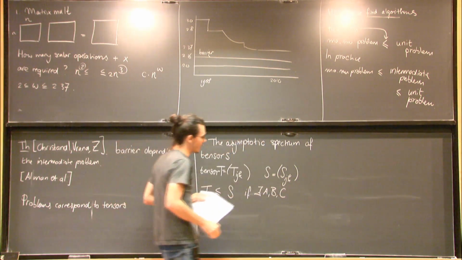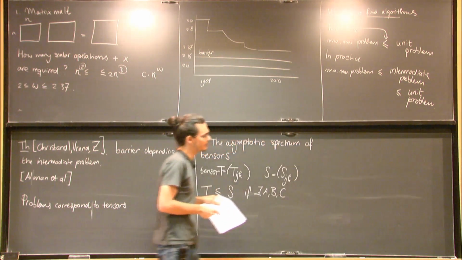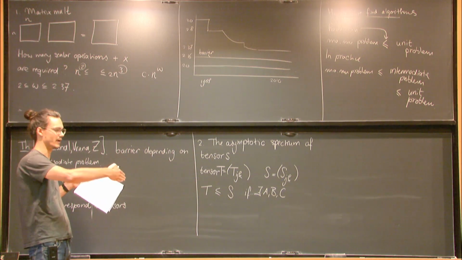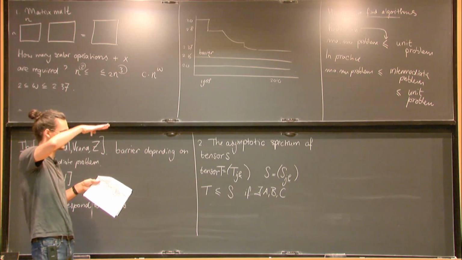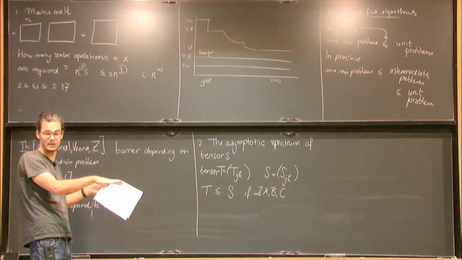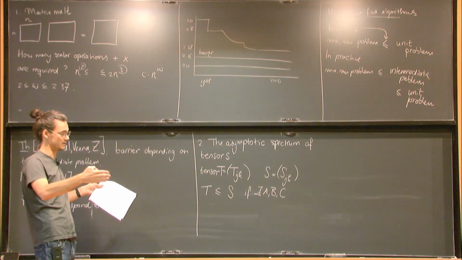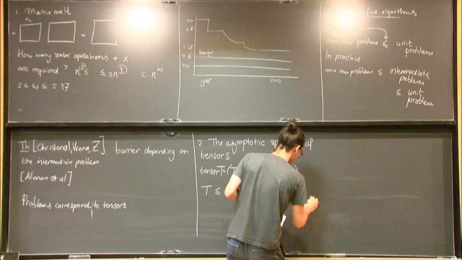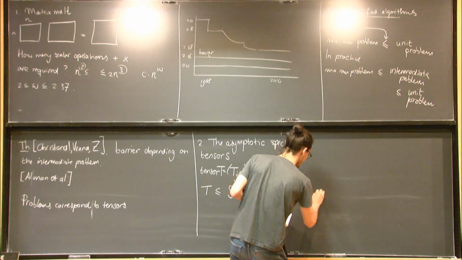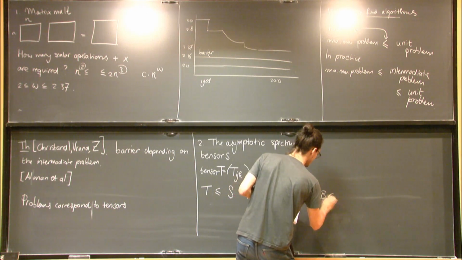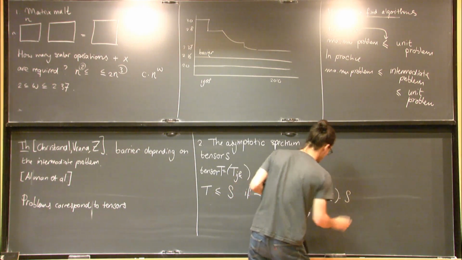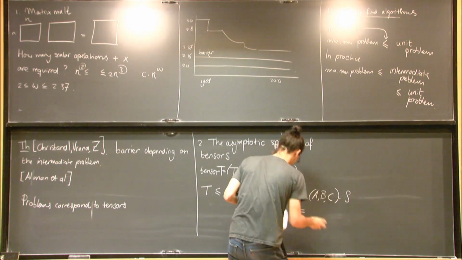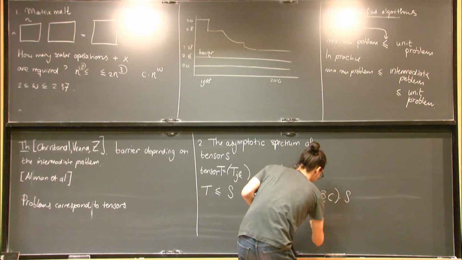such that I can obtain T from S by taking linear combinations of the slices of S in one direction according to A, linear combinations of the slices of S in the other direction according to B, and linear combinations of the slices of S in the last coordinate according to C. So I want to write that as T equals (A, B, C) dot S, and maybe let me write it out again.